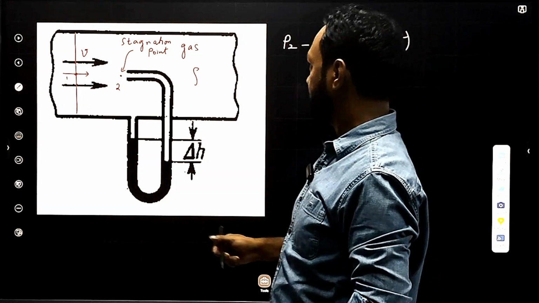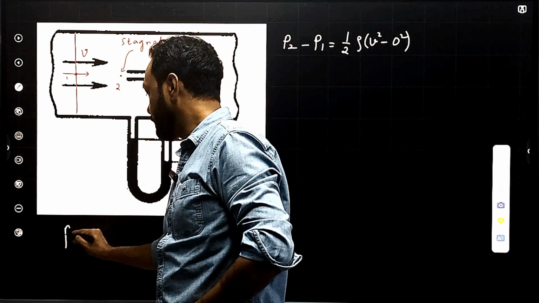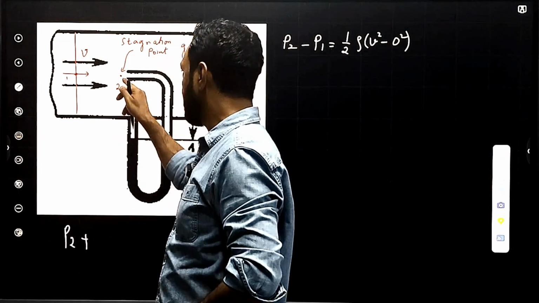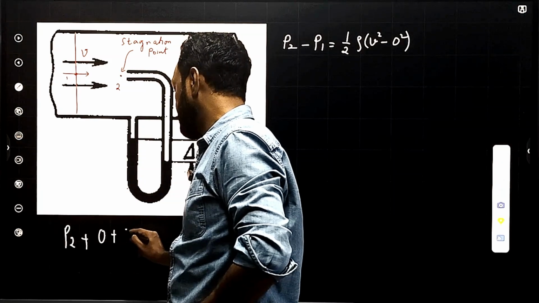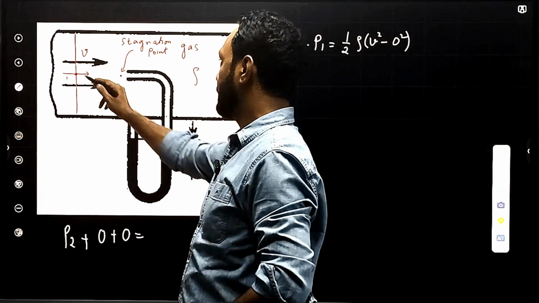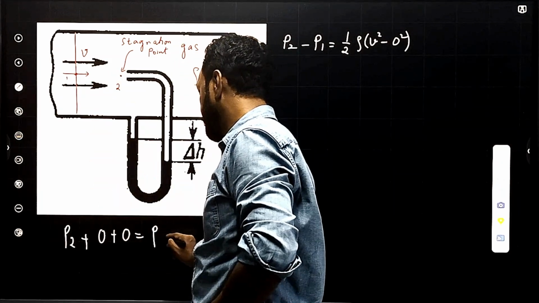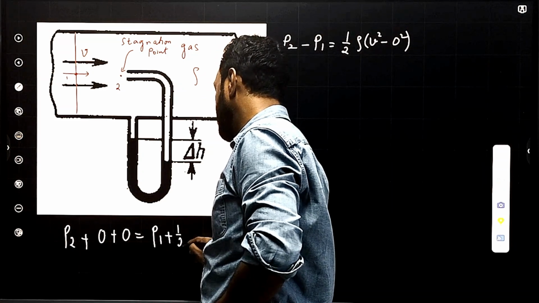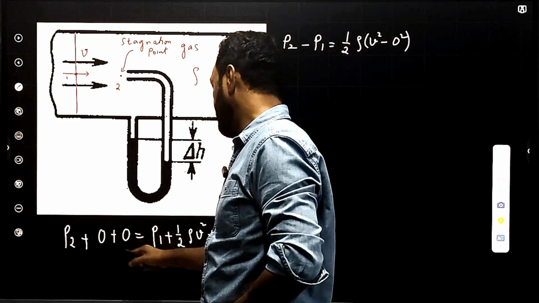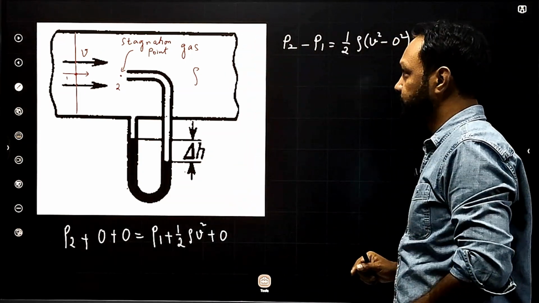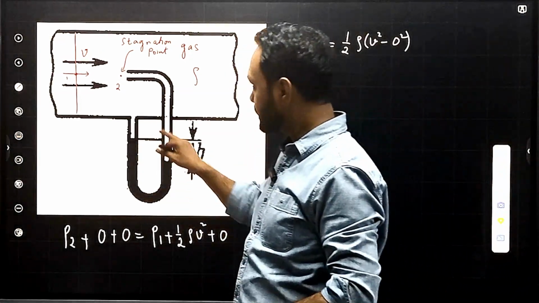If you're not pleased, I can write it one by one: P2 plus, velocity here is 0, plus 0, height is the same so potential is also 0, equals P1 plus half rho V square, height is the same so we have taken potential to be 0. So P2 minus P1 is half rho V square, and this is air.